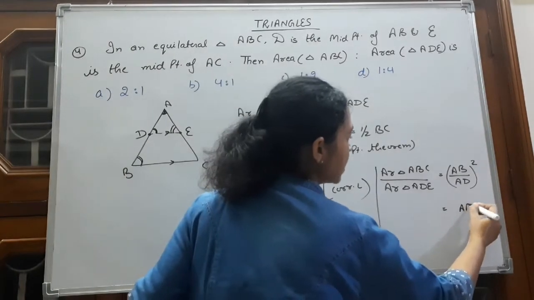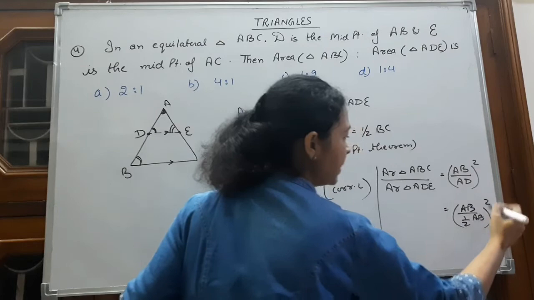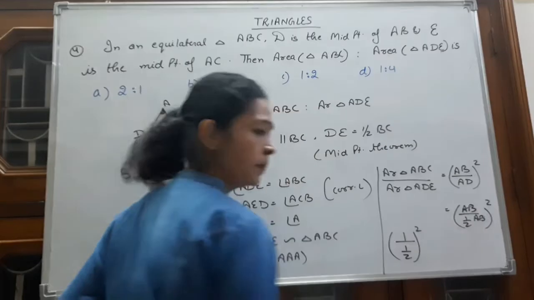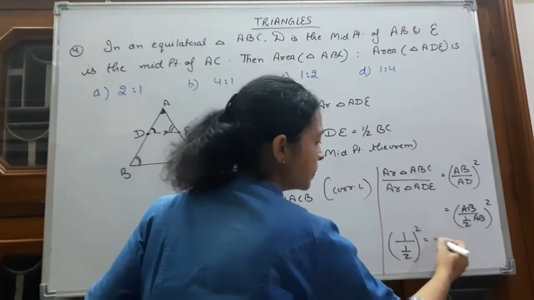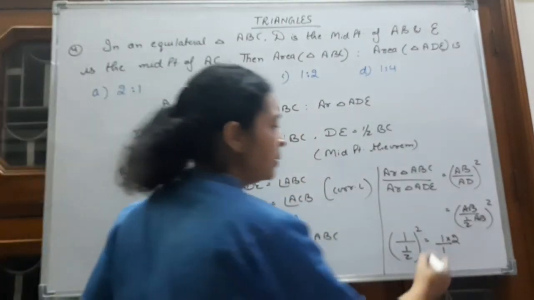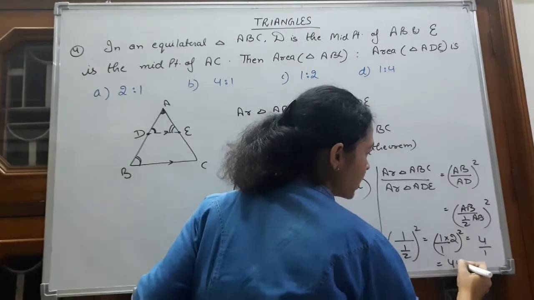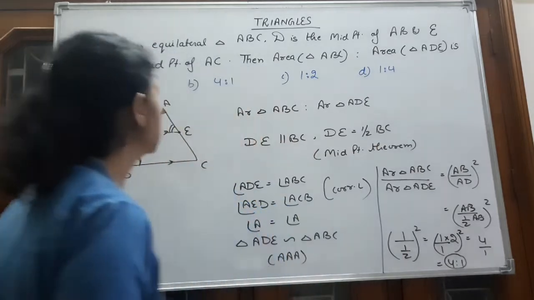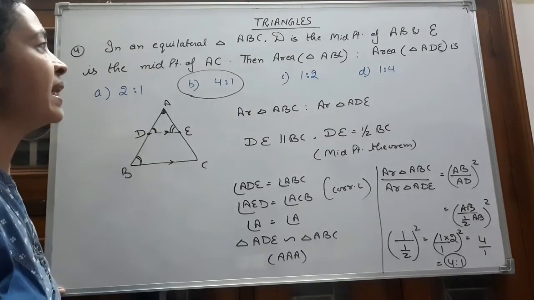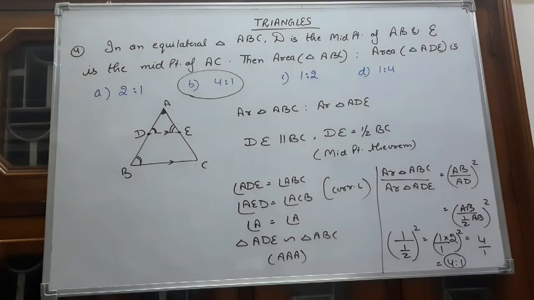So we write (AB upon half of AB) whole squared. AB and AB get cancelled. We have (1 upon 1 by 2) whole squared. Fraction in the denominator, reciprocal of 1 by 2 is 2 by 1, whole squared. So we have 4 by 1. So 4:1 is our answer. Option B is the correct option. The area of triangle ABC to the area of triangle ADE is 4:1.